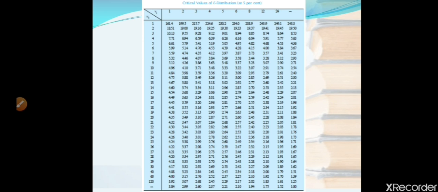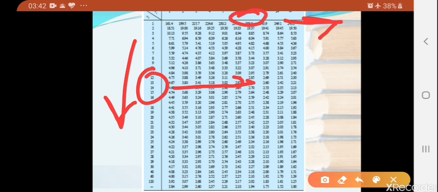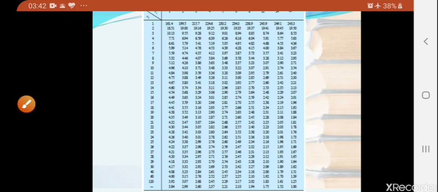Here in the F tables, in this direction we are given the degrees of freedom for the numerator, and these rows represent the degrees of freedom for the denominator. Depending upon the degrees of freedom of the numerator as well as the denominator, we can read the F value from this table.